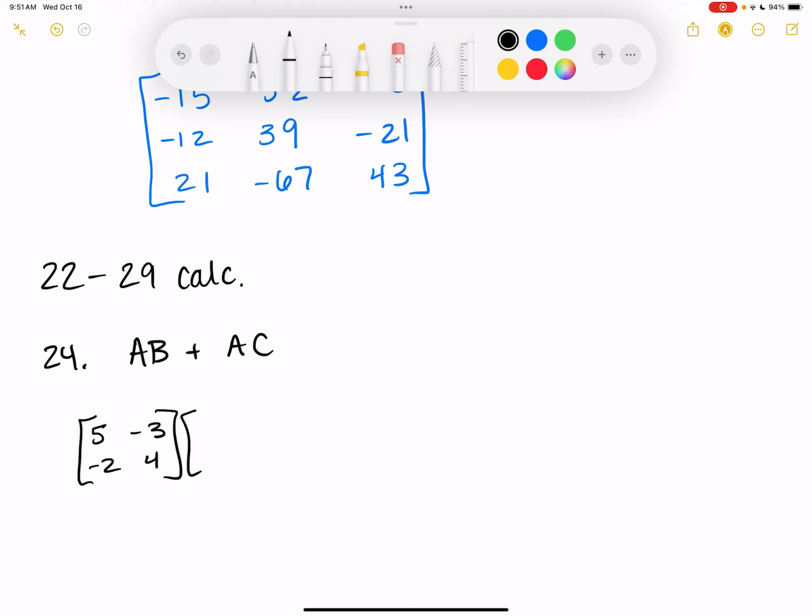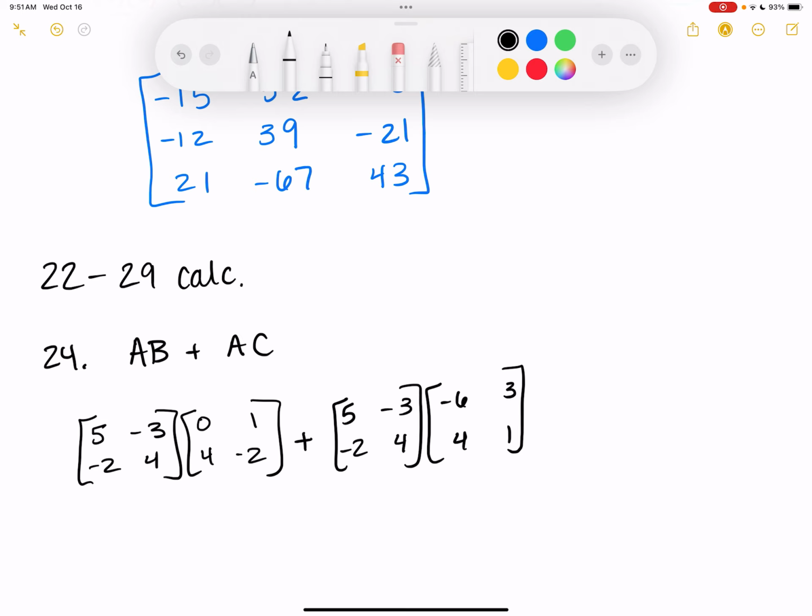Matrix B is 0, 1, 4, negative 2. Plus 5, negative 3, negative 2, 4 times matrix C, which is negative 6, 3, 4, 1.